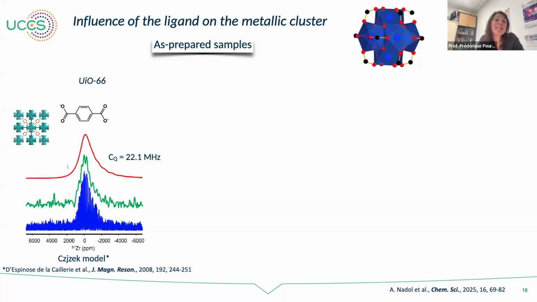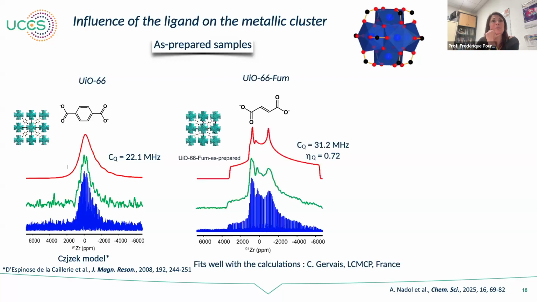With the UiO-66 as-prepared sample, the signal was not that easy to simulate, and we needed the use of the Czjzek model. With this Czjzek model, we found a CQ of about 22.1 megahertz, and this fits well with the calculations that we've done in collaboration with Christelle Gervais in France.